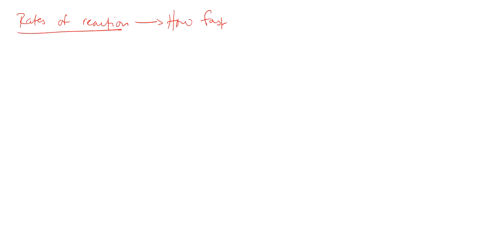The first thing you need to know is to be able to give a definition for rate of a reaction, right? Here are the common mistakes that students make. When asked to say what the rate of a reaction is, some people put it's the time taken for reaction to complete. That is incorrect, okay?